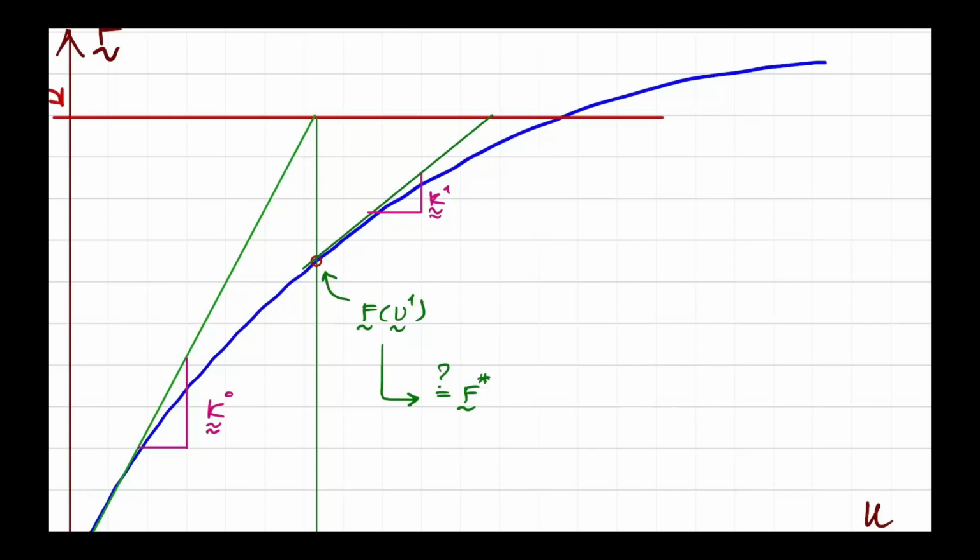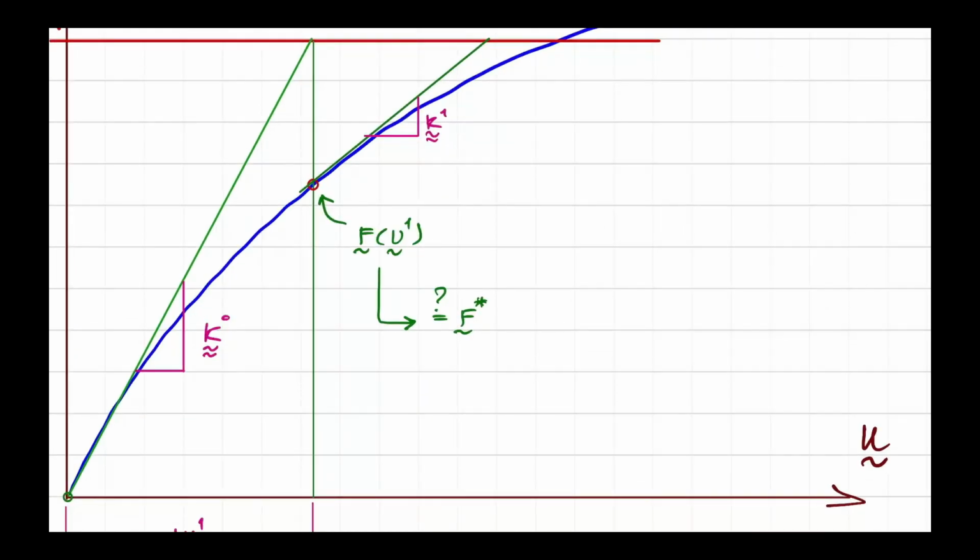If it doesn't match, that means you still have this gap that we call residual. So if the residual is still there, we need to keep iterating until we get the converged solution. If this is not equal, that means not converged.